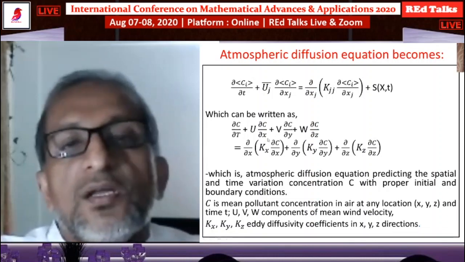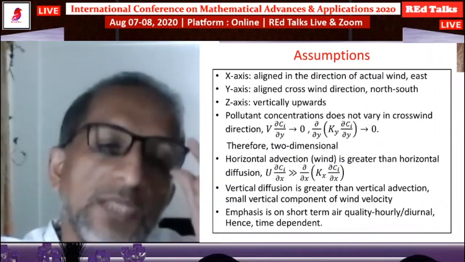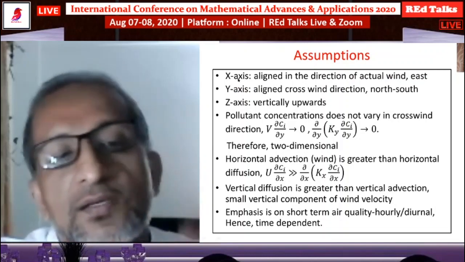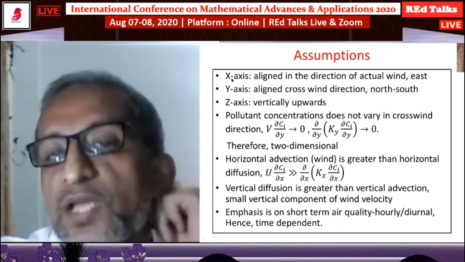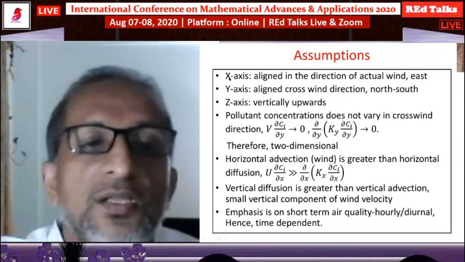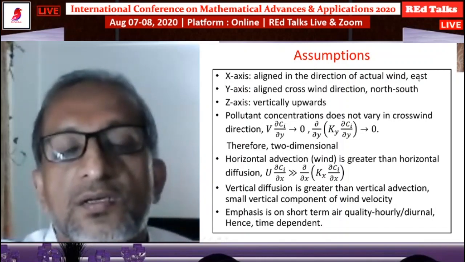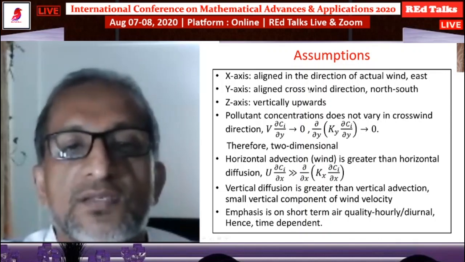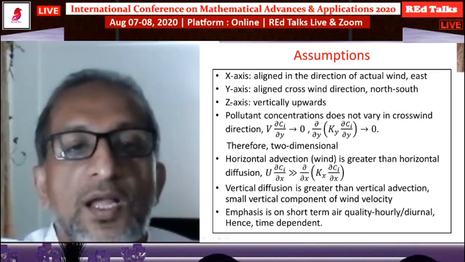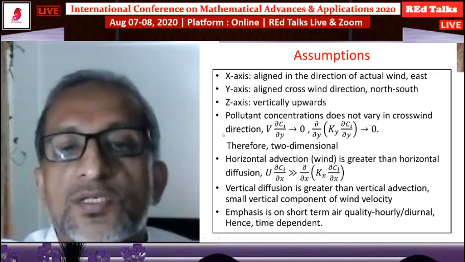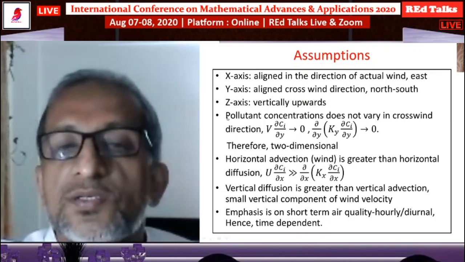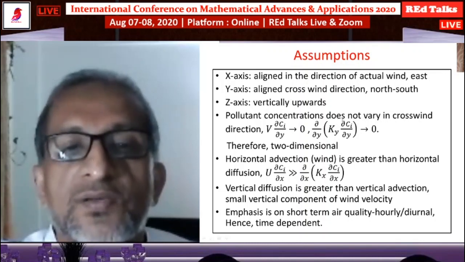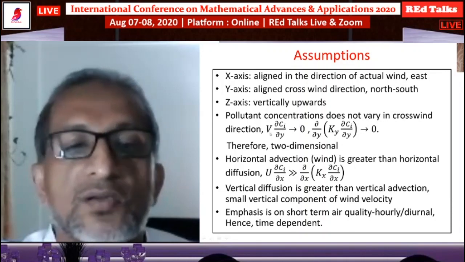Further, we align the x-axis in the direction of the mean wind, that is east, the y-axis along the crosswind direction, that is north-south, and the z-axis vertically upwards. Then the pollutant concentration does not vary in the crosswind direction, therefore this can be 0.